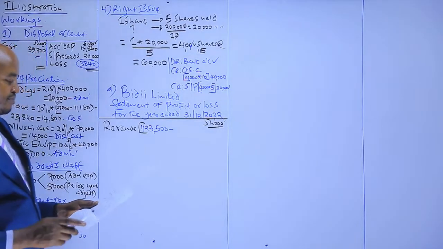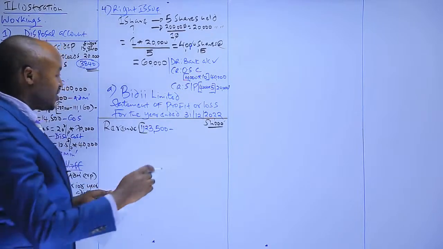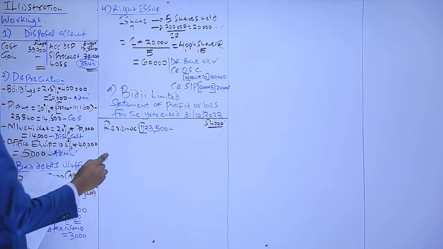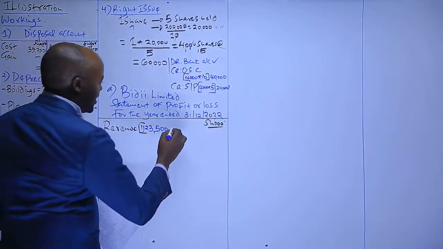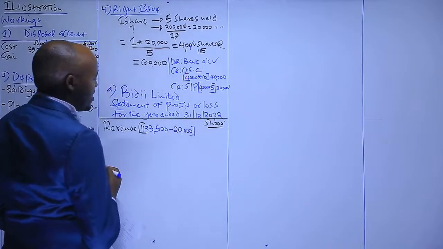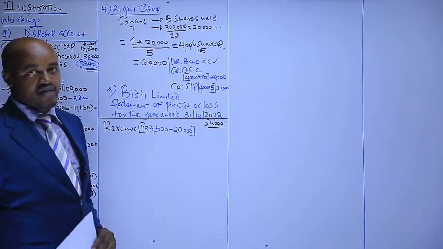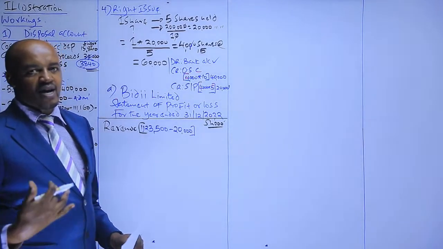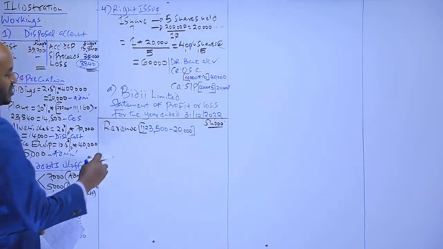So this plant which was disposed by the company, we are told the sales proceeds were included as part of the revenue. So to this figure, we need to less 20,000, which was included here as the amount received from selling the asset. That amount should not be recognized as revenue because this is basically a capital income. Any amount realized from selling an asset should not be included here.